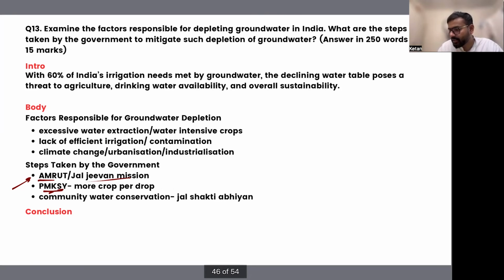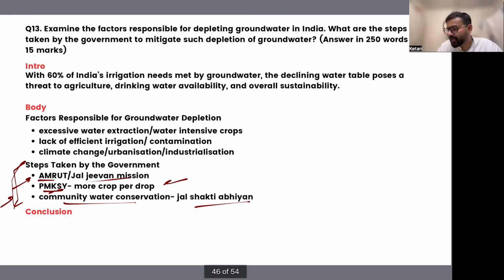And then there are various community-based water conservation programs, groundwater recharge, Jal Shakti Abhiyan is there. So if you know these schemes, then you can easily write it here: steps taken by the government to mitigate such depletion of groundwater.